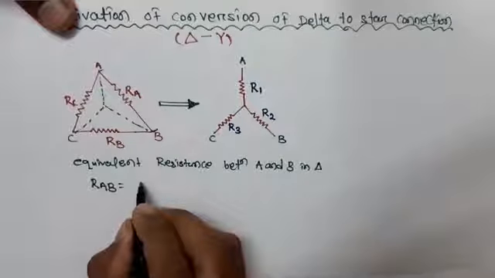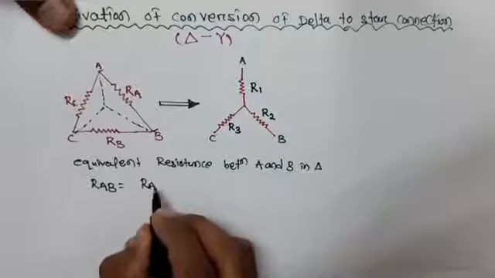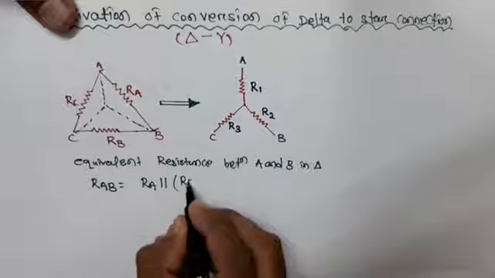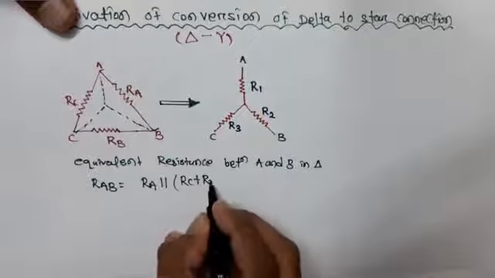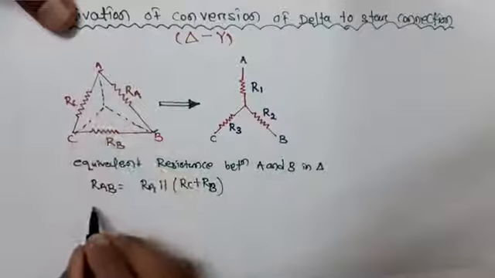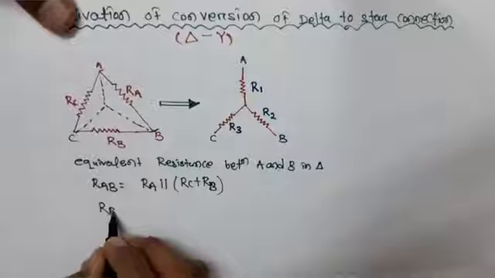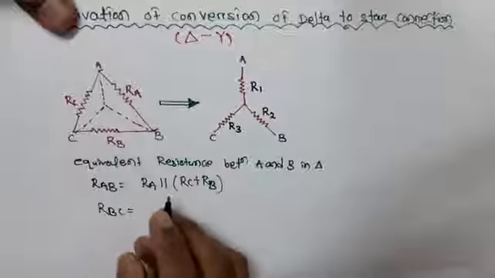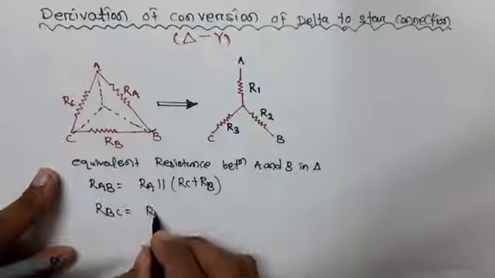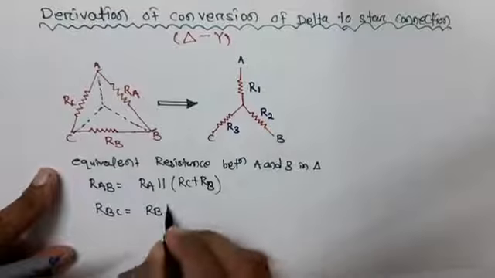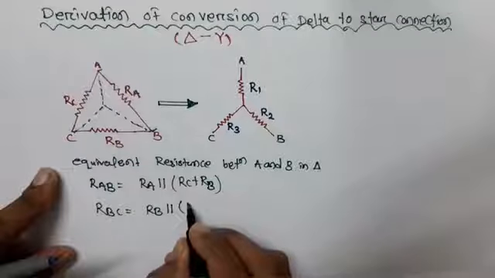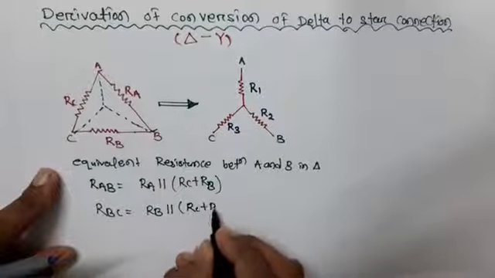So RA parallel with RC plus RB. Likewise RBC, or RCB, equals how much? This RB parallel with RC plus RA.